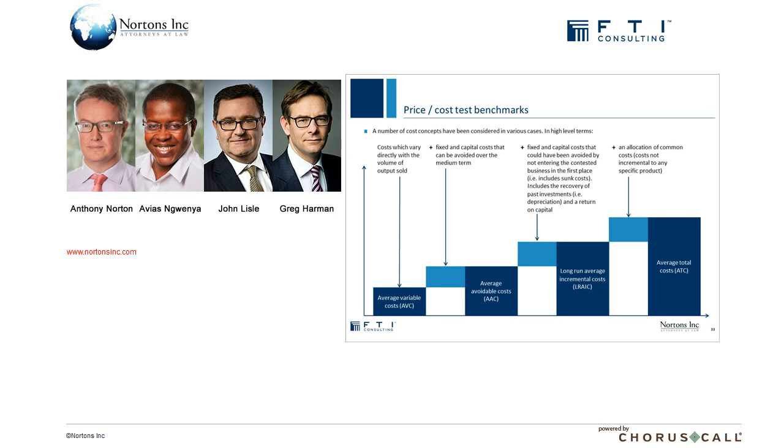And finally, on the right-hand side, we have what's called average total cost. And as Greg was just talking about earlier, in terms of the allocation of common costs and corporate costs, average total cost takes the LRAIC and effectively adds to it some share of those common costs. Now, there is no absolutely right way of allocating those costs.